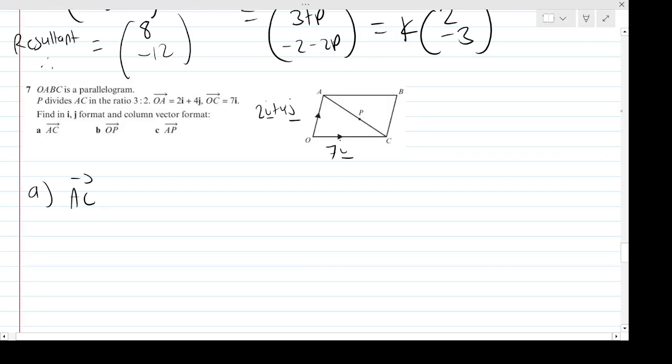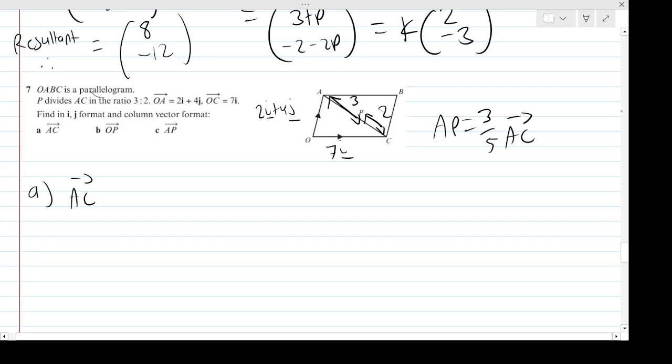So that means then that the first part from A to P is going to be three parts, right? And that means the other part of the line of P to C is going to be the remaining two parts. But overall, then we can say that A to P is going to be 3/5 of the total AC, right?